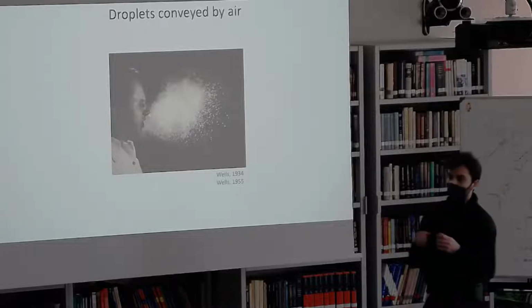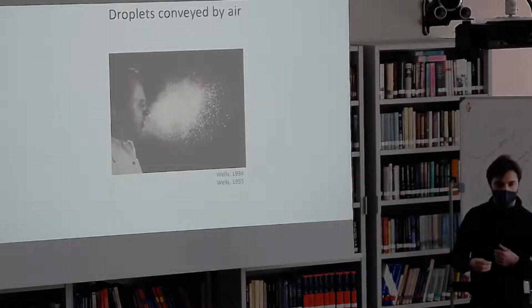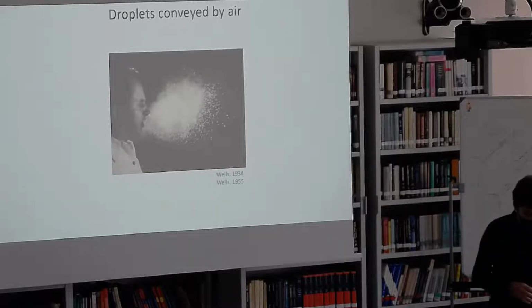And those droplets are small enough to be conveyed by the airflow most of the time. And so I will discuss that in 2 different situations, but mostly for singing, basically.